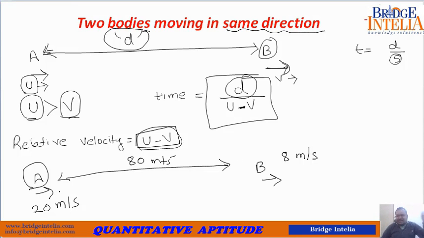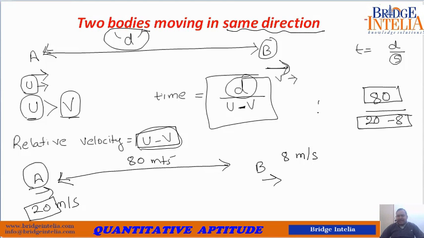Now if you start running from this situation, how much time will you require to catch B? He would tell you that you have given an advantage to B of 80 meters and I have an advantage in terms of speed. How much advantage? 20 minus 8. So this is B's advantage, this is A's advantage. So time taken is distance by relative speed, not by speed in these kinds of cases.